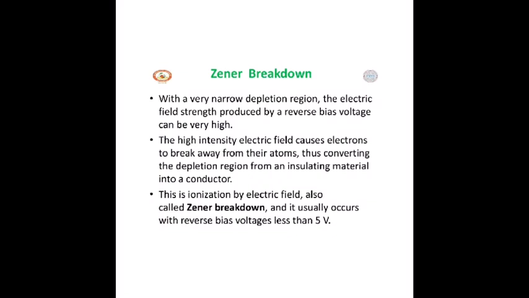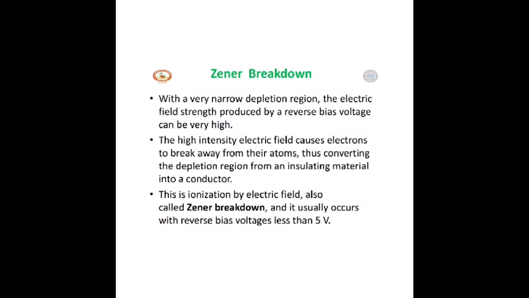In this case, the Zener diode may be operated continuously in Zener breakdown. The reverse current returns to its normal level when the voltage is reduced below the reverse breakdown level. With a very narrow depletion region, the electric field strength produced by a reverse bias voltage can be very high.